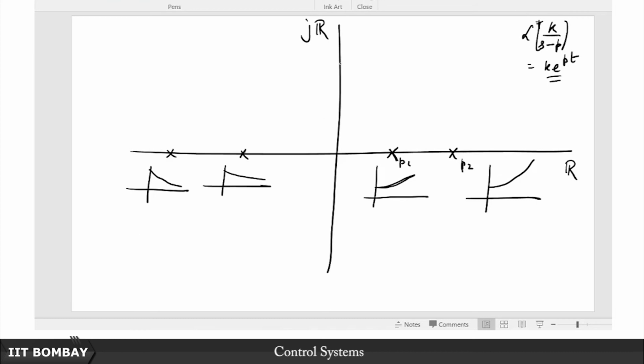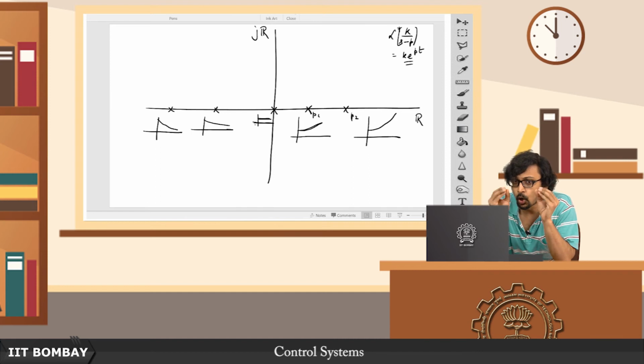Okay. What about a pole at the origin? It will be a constant term. So basically the picture for this will be some constant level. Whatever you had at the initial condition, that level will be held. Okay. So remember, what we are trying to find out is the response due to non-zero initial conditions only.